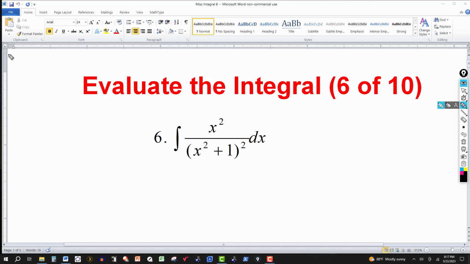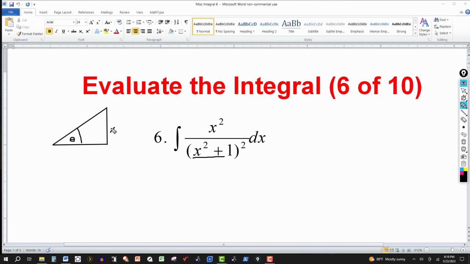fractions. So let me form my triangle first here. I'm going to make this angle theta, this right triangle. There are three main techniques for trig substitutions, one involving the sine, one the secant, and one involving the tangent. I'm going to use the tangent based on what I have here.